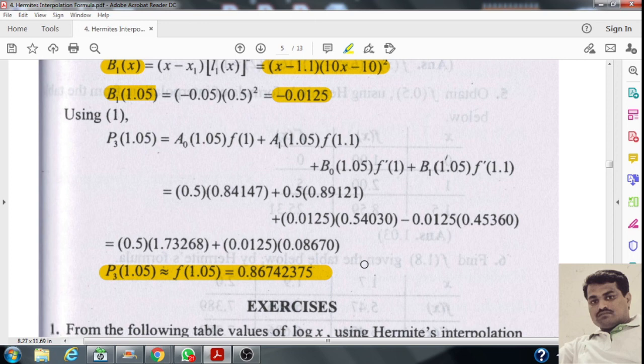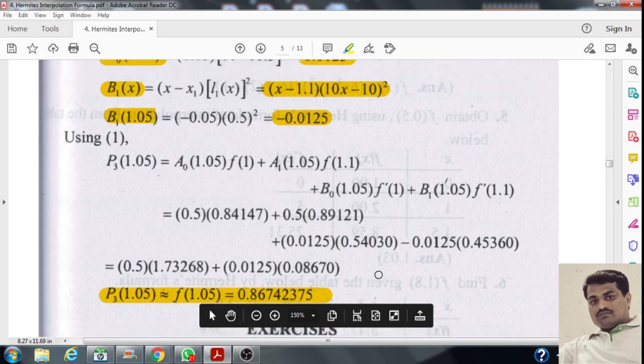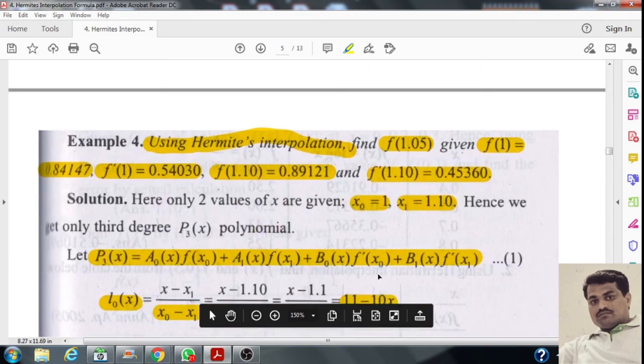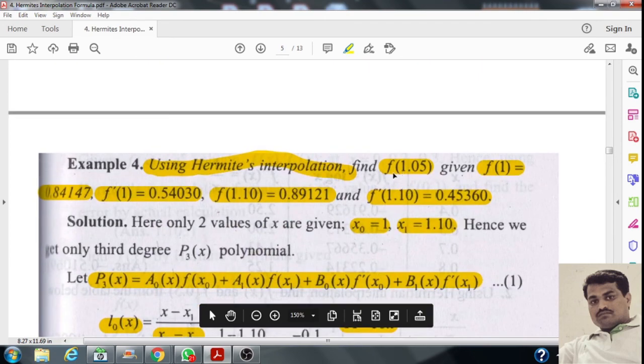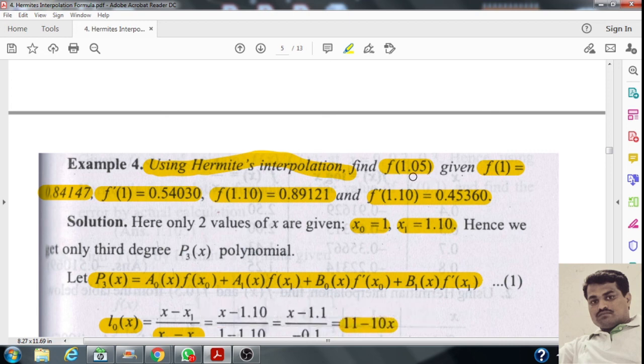In the given problem the question is to find the value of f of 1.05. Hence we are putting the value of x equal to 1.05 in A0, A1, B0, B1. Suppose the question is to find the polynomial, then don't substitute the values of x. Then you keep A0 as a function of x, A1 as a function of x, and B0 and B1 also as functions of x.